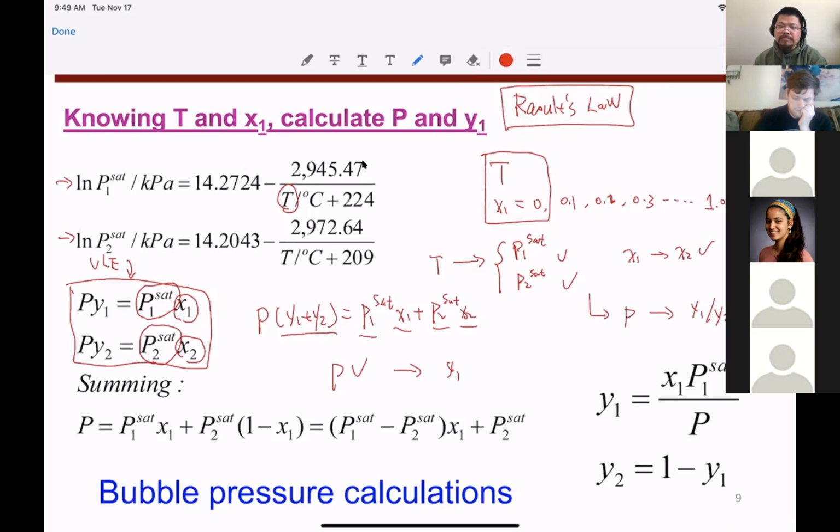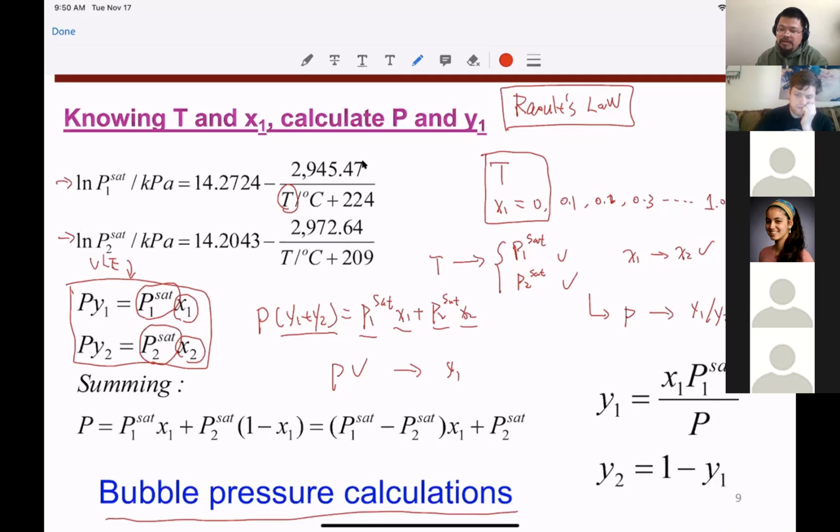Also, like I mentioned, in reality we call this type of calculation the bubble pressure calculation. I hope you still recall from last lecture, if we are moving from the liquid phase to the vapor, then at some point we are going to have the first bubble. The corresponding pressure when we have the first bubble is called the bubble pressure, so this type of calculation is the bubble pressure calculation.